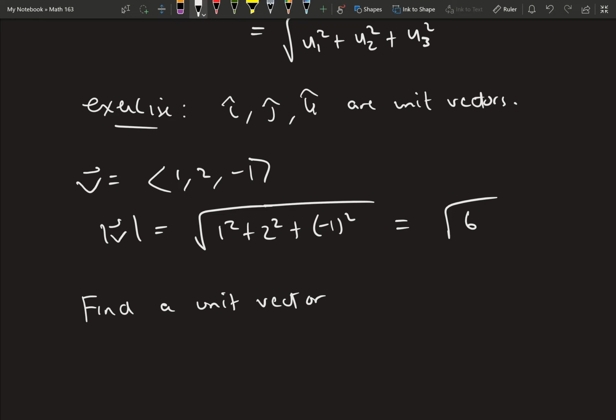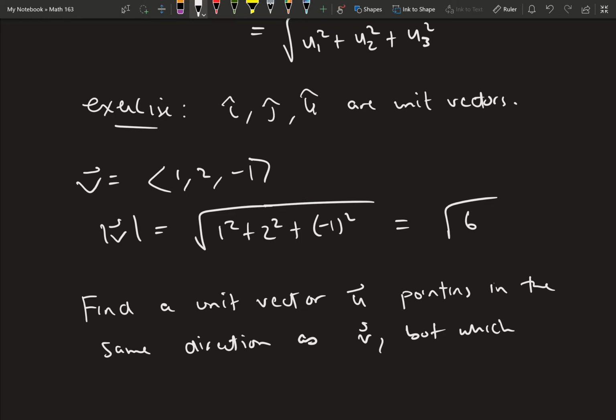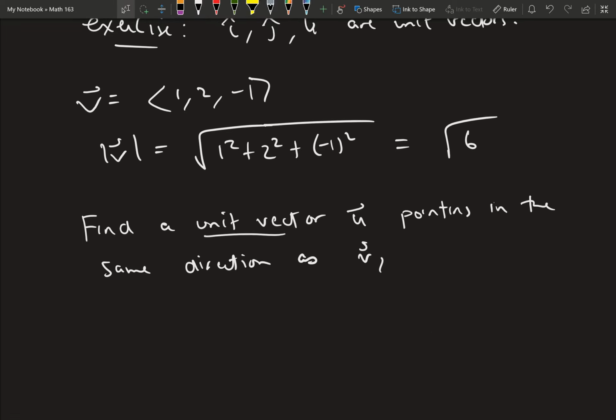If you have a general vector v = ⟨1, 2, -1⟩, which has length square root of 6, I want to find a unit vector u pointing in the same direction as v. If it's a unit vector, then it has length 1, so I'm just not going to state that. So I'll leave this as a little exercise. We'll end right here. I'll do a little more on unit vectors in the next video.